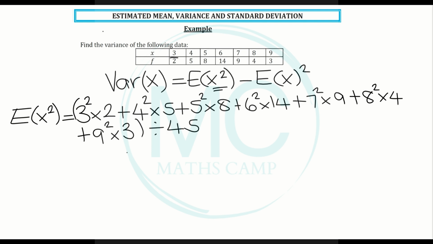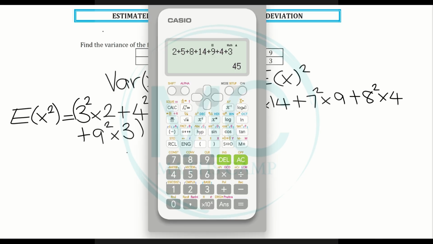So let's put this into my calculator. I have 3 squared multiplied by 2 plus 4 squared multiplied by 5 plus 5 squared multiplied by 8 plus 6 squared multiplied by 14 plus 7 squared multiplied by 9 plus 8 squared multiplied by 4 plus 9 squared multiplied by 3 is equal to 1,742.